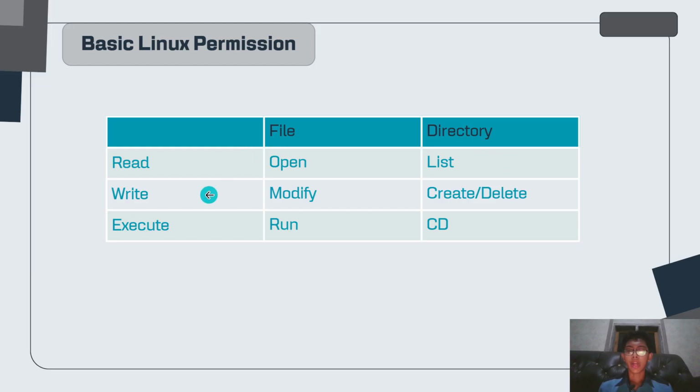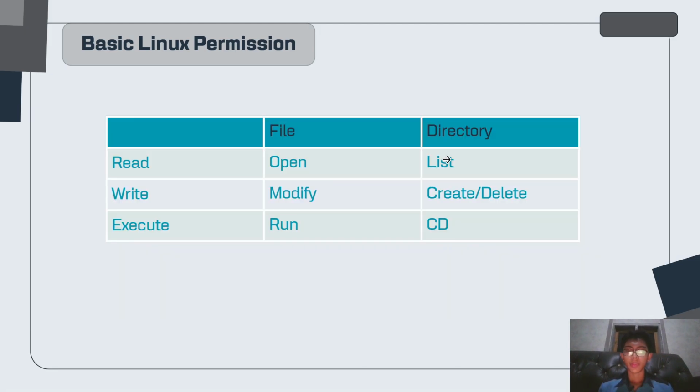And for write, in a file it is used to modify, and in a directory it is used to create or delete. And for execute, it gives permission to execute. For a file it is to run the file, but for a directory it means we can change into the directory that we are opening right now.